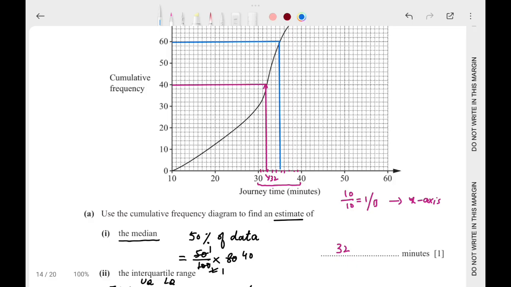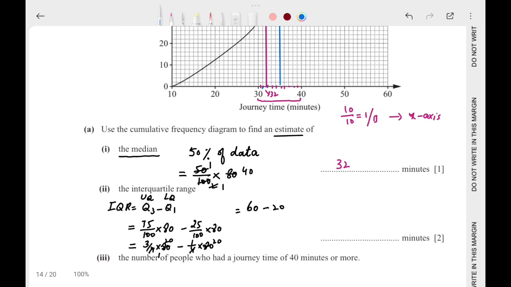It is approximately 35. And what is the value against 20?